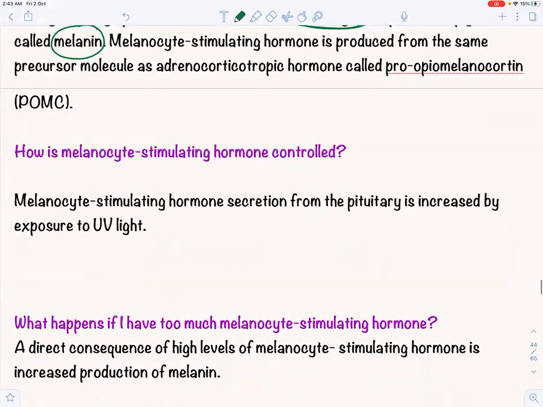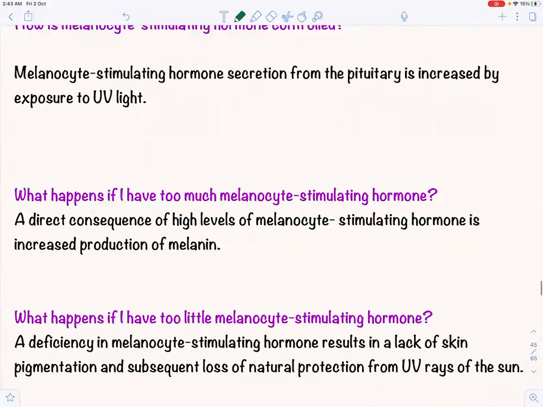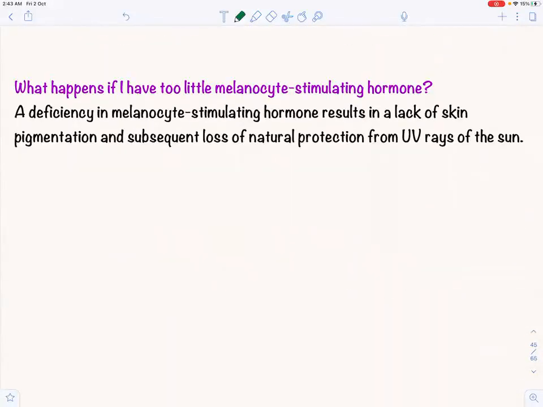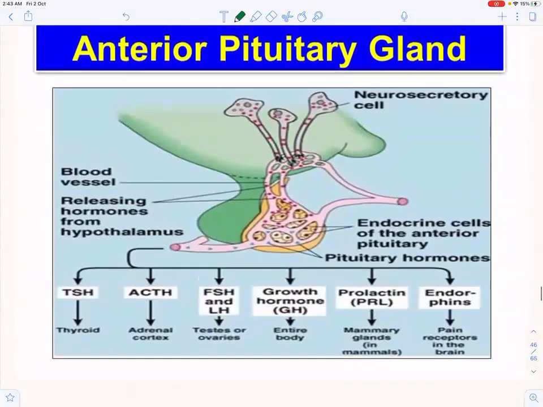Now you can read it. It's just for your reading and understanding. If it is very low, what will happen? Obviously, deficiency, lack of skin pigmentation, and subsequent loss of natural protection from UV rays of the sun.